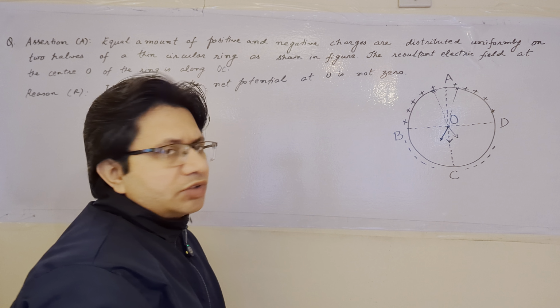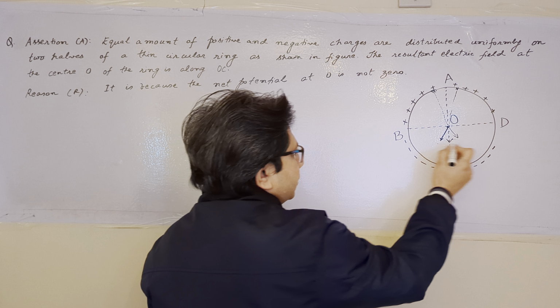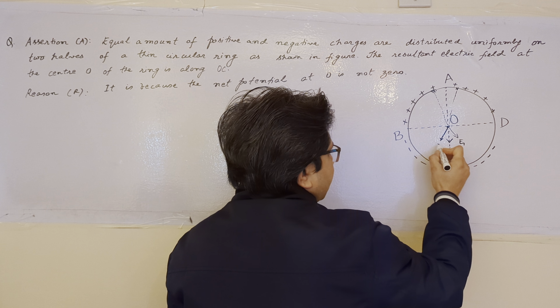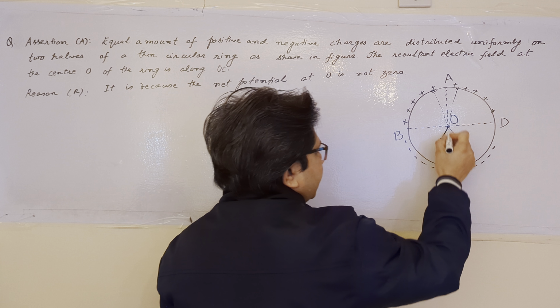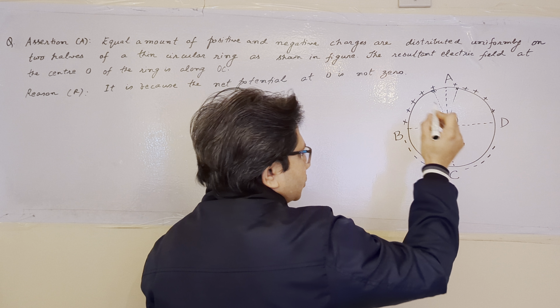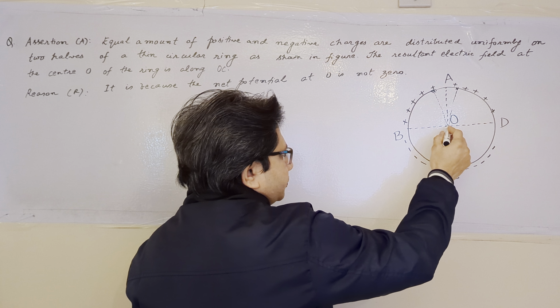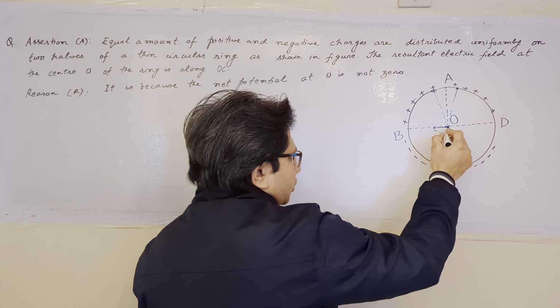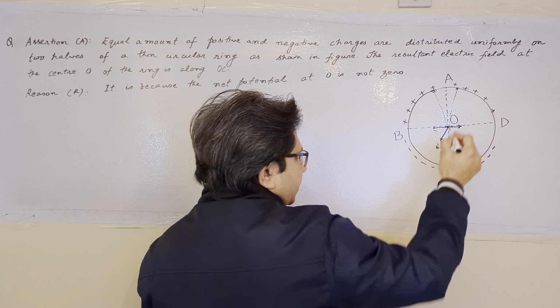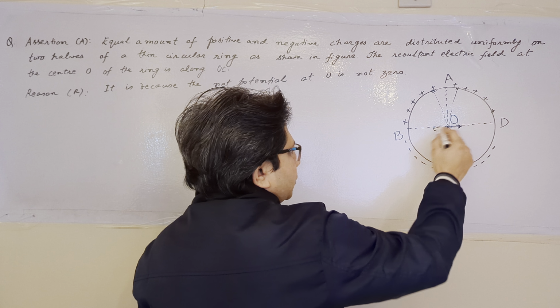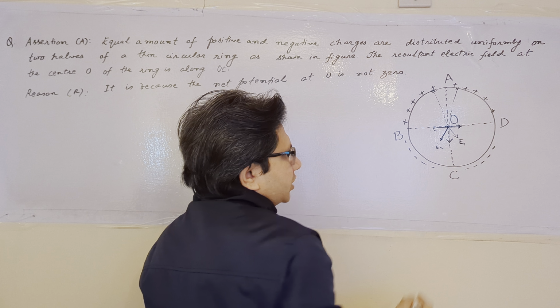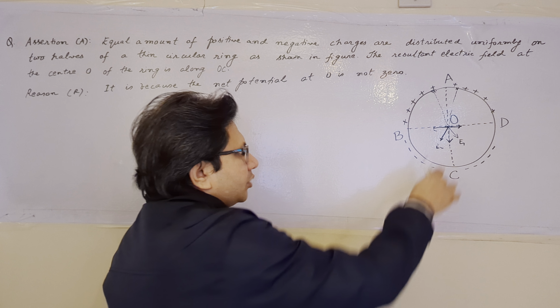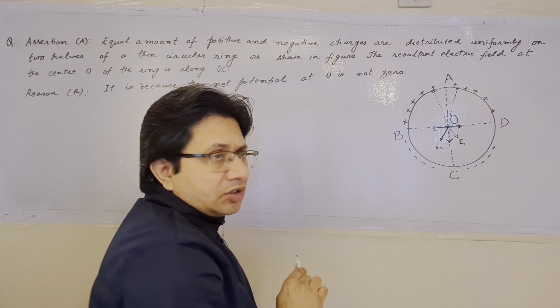Now the resultant of these two fields, call them E1 and E2, is along the OC direction, because the component of E2 and the component of E1 perpendicular to OC are equal and opposite, and they cancel out. The only remaining component is along OC.